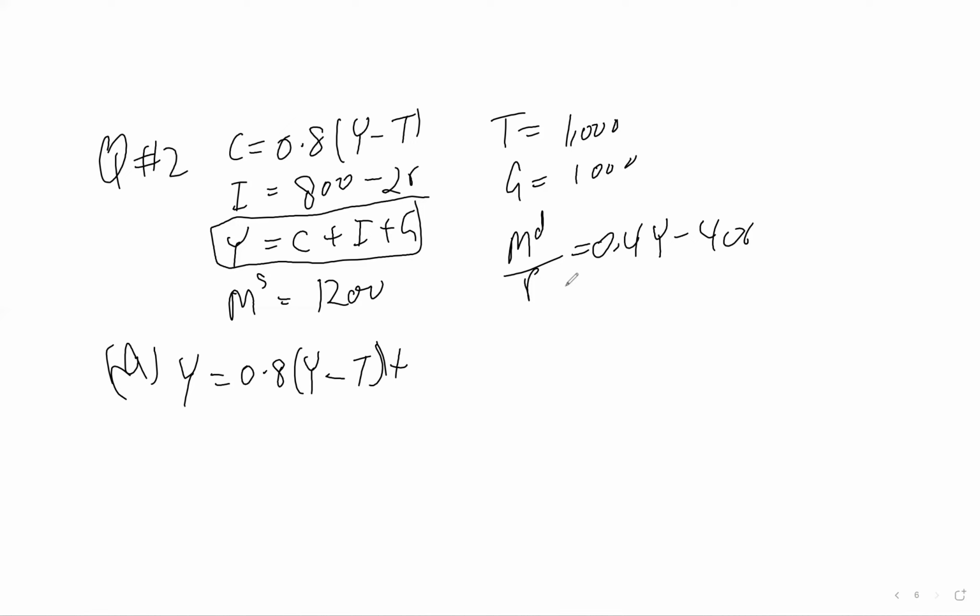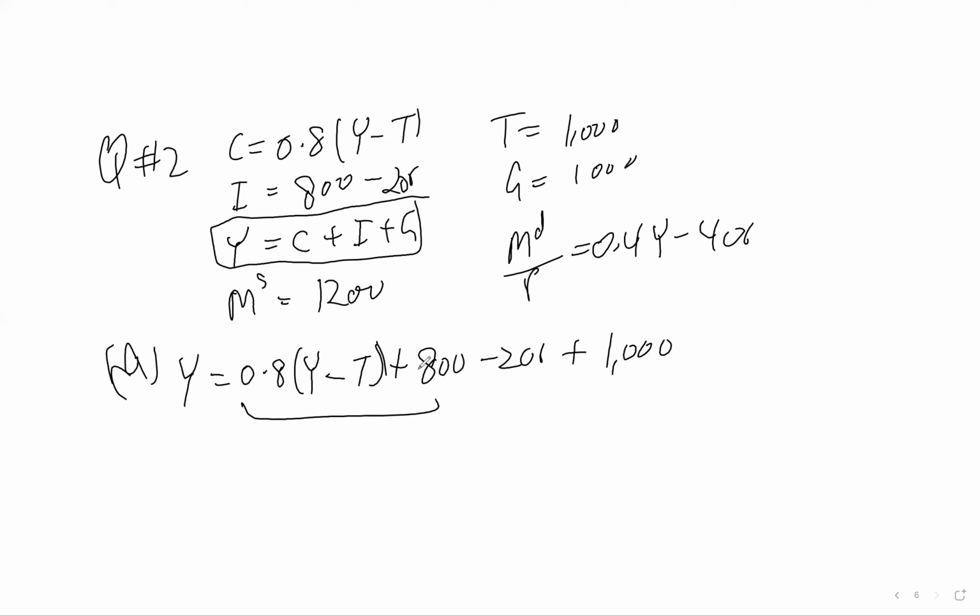And then plus, we have the investment, which is 800 minus 20R. It's actually 20R for investment. Yes, that's 20R. It makes a big difference in a calculation. And also we have the government purchases, which is 1000. So this is what we have. You have to do some multiplication here.